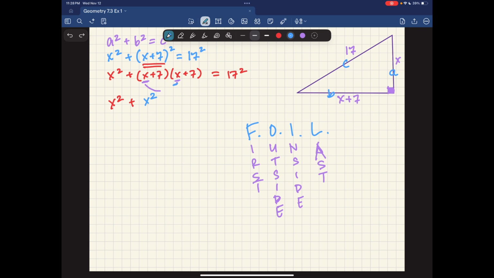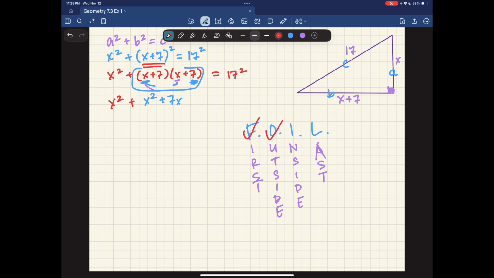So outside is the next thing that we're going to look at, okay? That means this and this. Do you see how these are both on the outsides of the binomial group right here? So then when we multiply x and positive 7, we get positive 7x. Okay, so we've done first, we've done outside.